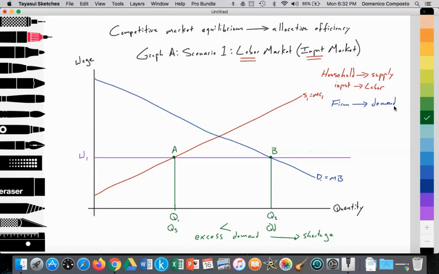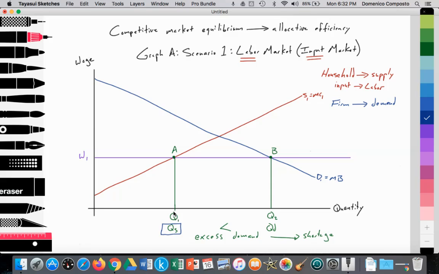Okay. Now, in terms of allocative efficiency, we want to pay attention to the quantity being supplied. Whenever you want to see if the market's allocatively efficient, look at the quantity supplied at a particular wage or price. So at wage 1, the quantity supplied is at QS.